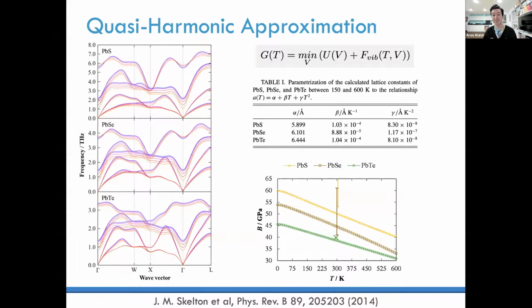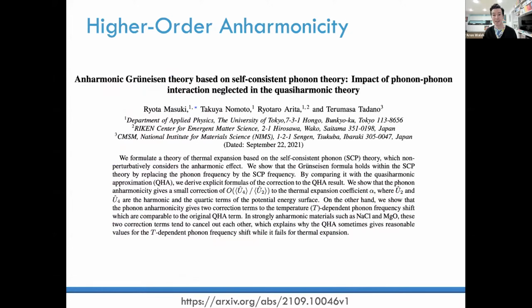One of the reasons is it can't describe changes in internal degrees of freedom very well. So you have to go beyond the quasi-harmonic approximation. And in terms of describing these anharmonic contributions to structure, to free energies, to properties, there's been an incredible amount of progress over the past 3 to 5 years in new methods.